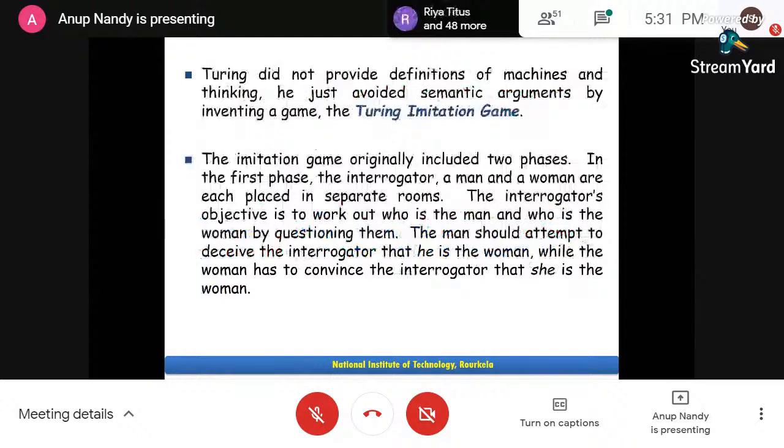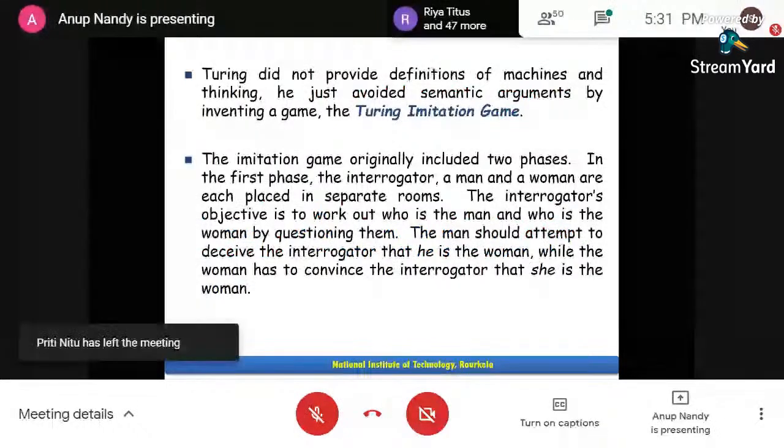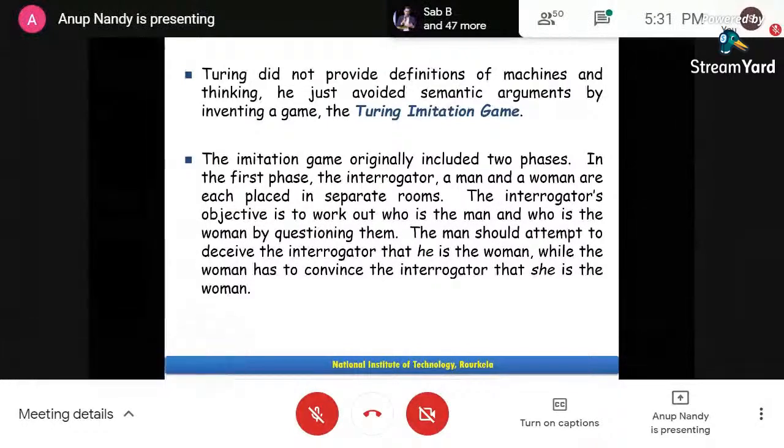The game is originally divided into two phases. In the first phase, there were three separate rooms, and in each room there was one person: one was the interrogator, another was the man, and another was the woman. The interrogator's objective was to find out who is the man and who is the woman, sitting in different places, by questioning them.